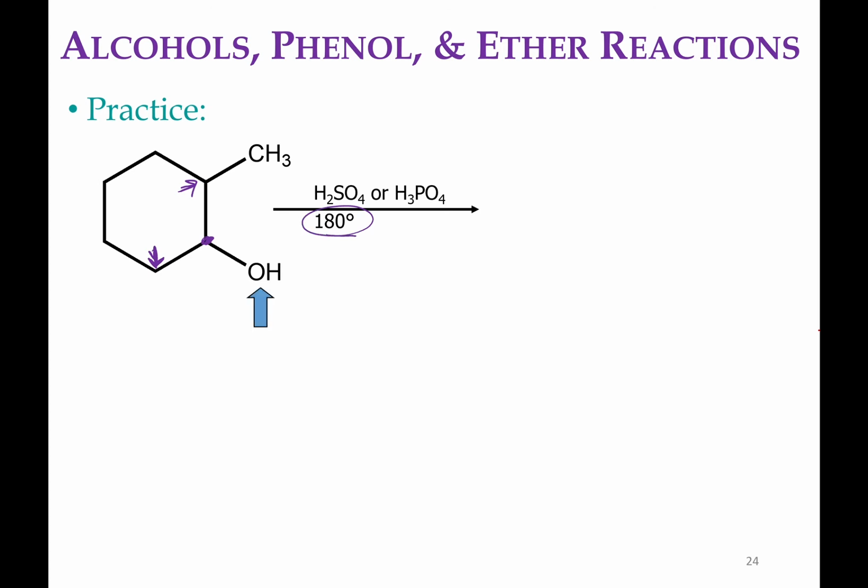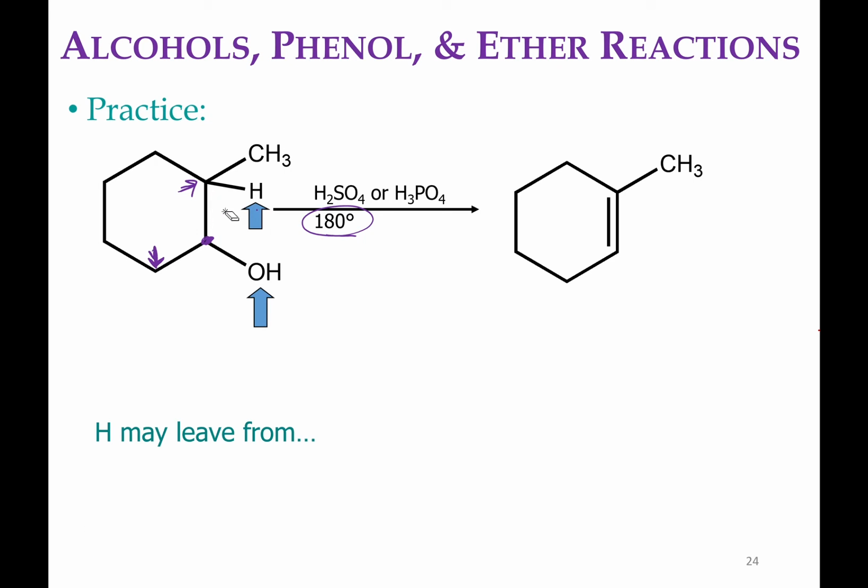I can form one product if I have the hydrogen leave from here. So if the hydrogen leaves from there, we will get a double bond between these carbons that looks like this.